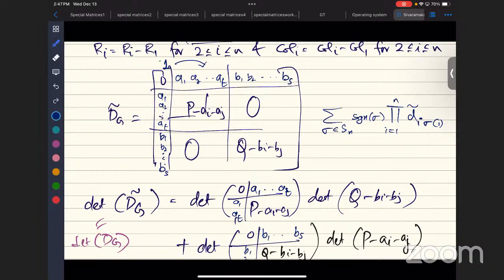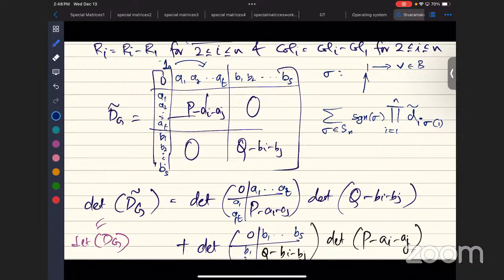Since it is a permutation, which element has image 1? 1 goes to some element of B, some vertex b of B. And then who comes to 1?